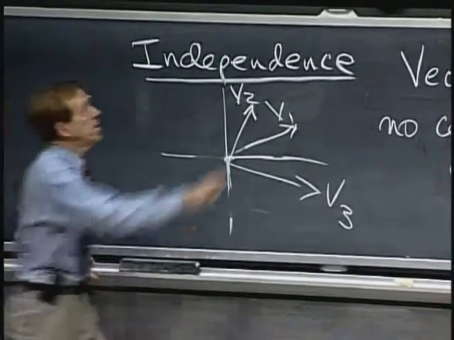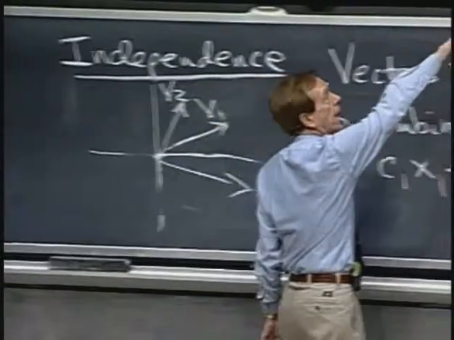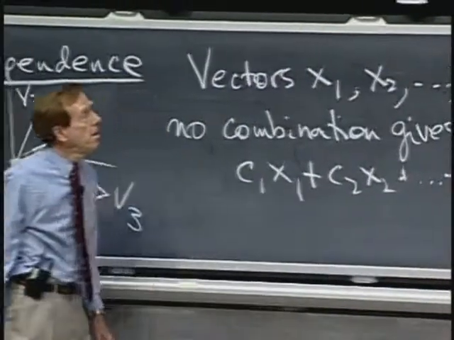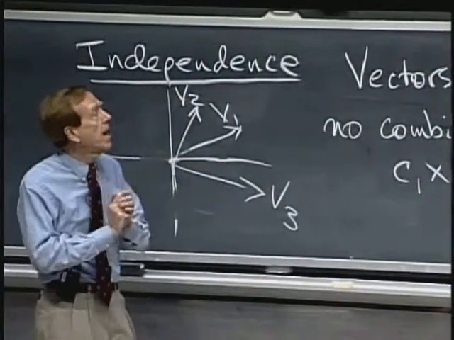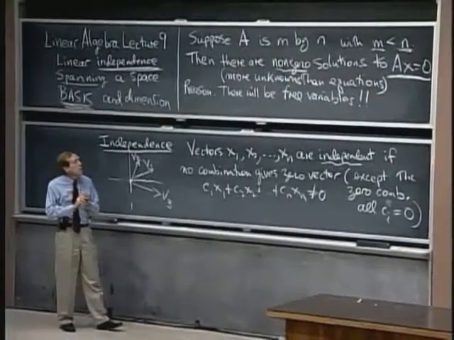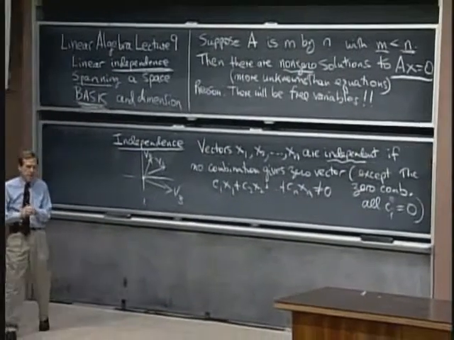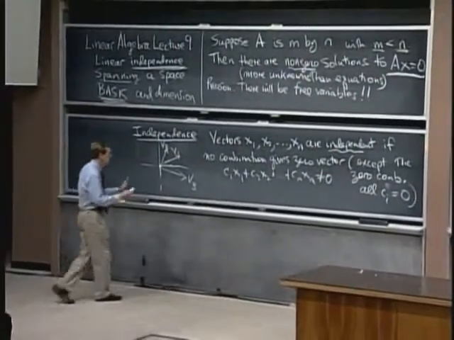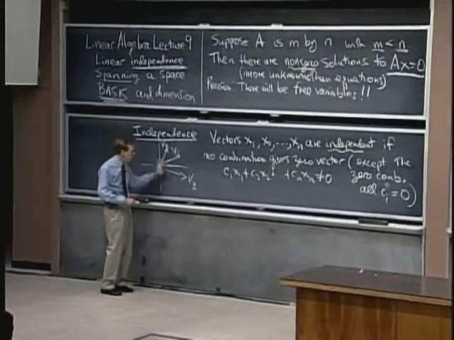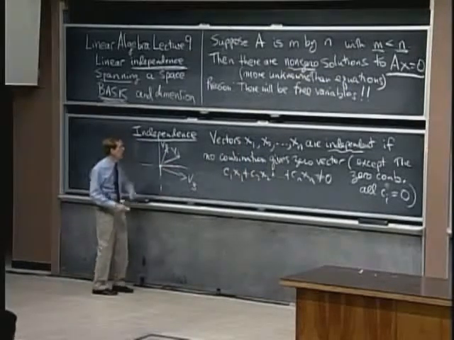I know because of that. That's the key fact that tells me that 3 vectors in the plane have to be dependent. What's the connection between the dependence of these 3 vectors and that fact?